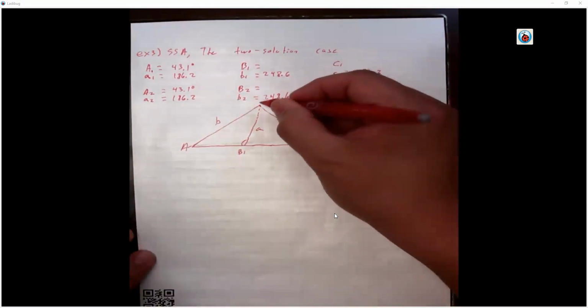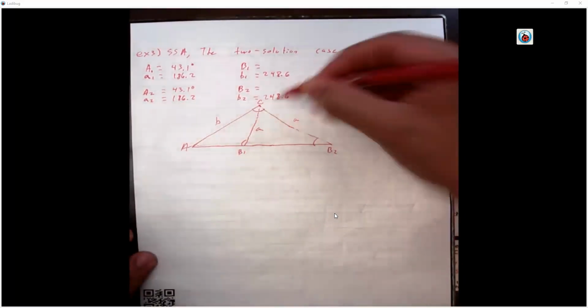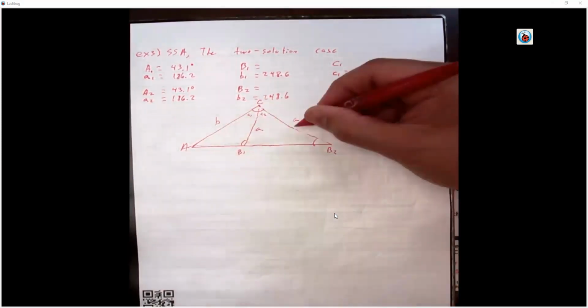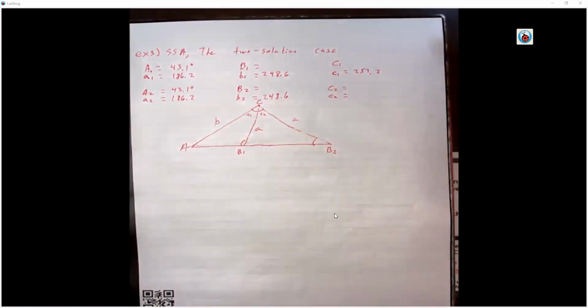And of course, this is side C, but it could be here or it could be there. So C1, C2. Does this visual make sense to you? You see why we have two triangles. It's in these types of scenarios.